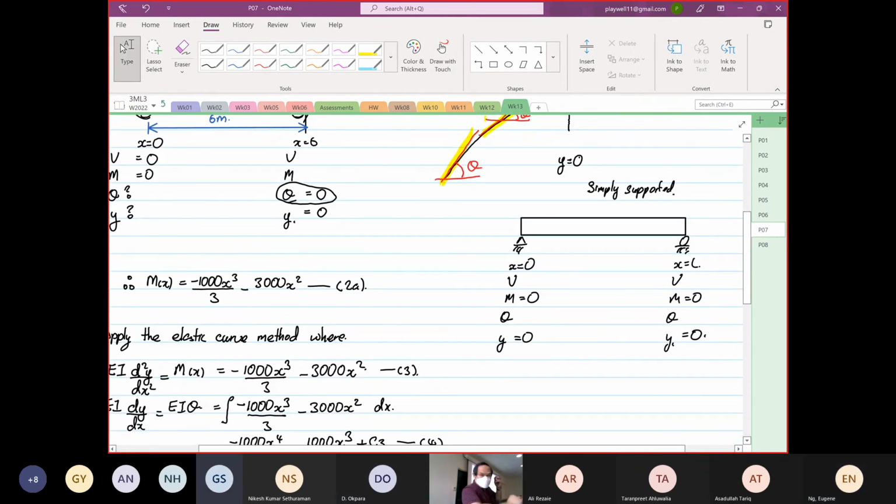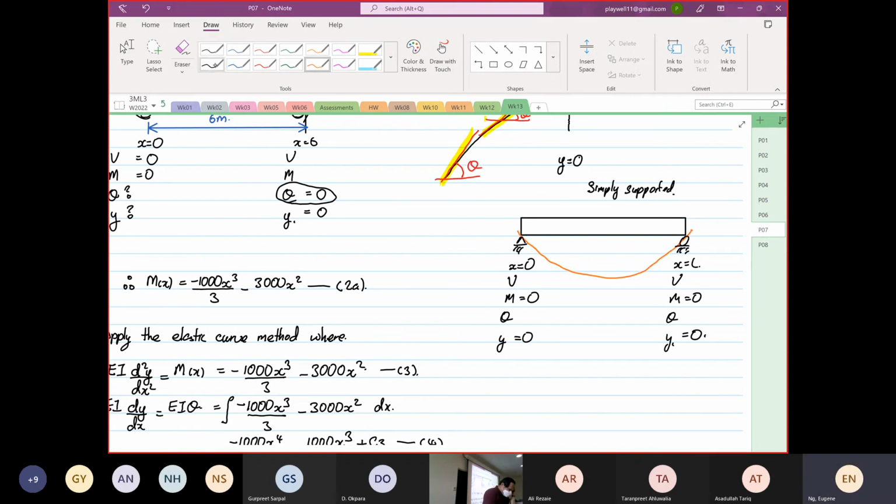I have a question. Yes. So, sir, in the simply supported beam, if our y is 0 on both ends, then theta should be 0 on both ends too, right? Because it's not moving. Ah, I like that. Okay, so if I draw the deformation pattern, this is how the structure is going to deform.